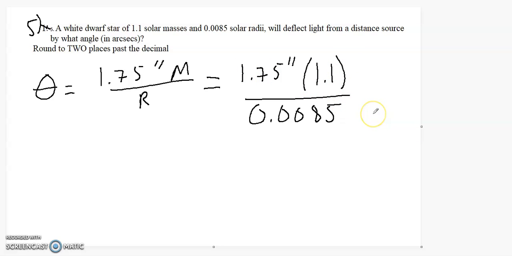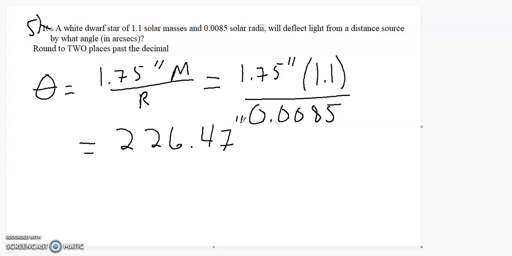All right, so we put these numbers into our calculator: 1.75 times 1.1 divided by 0.0075, and rounding to 2 places past the decimal, it's going to deflect at an angle of 226.47 arc seconds.